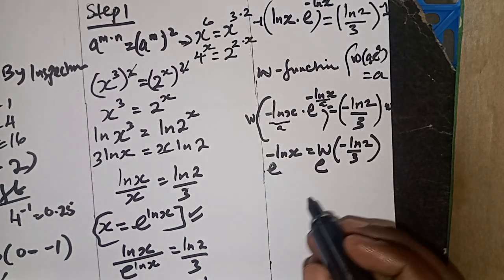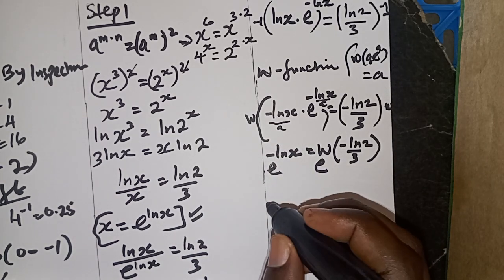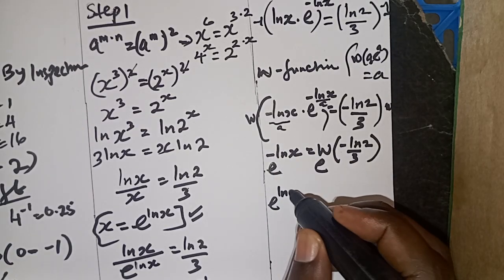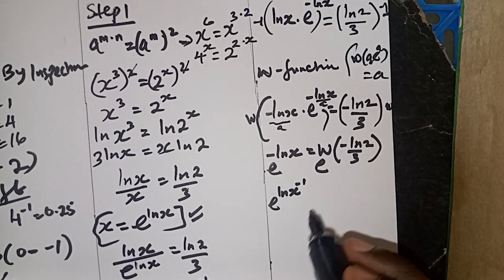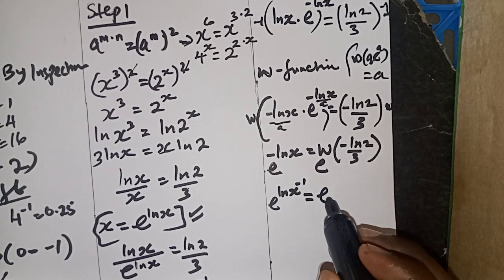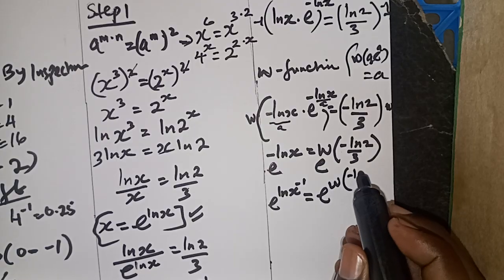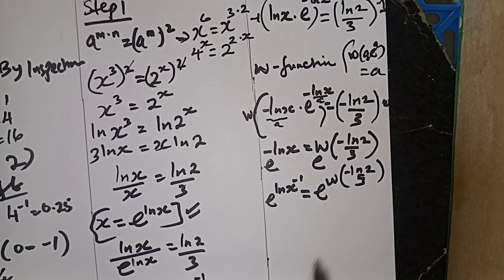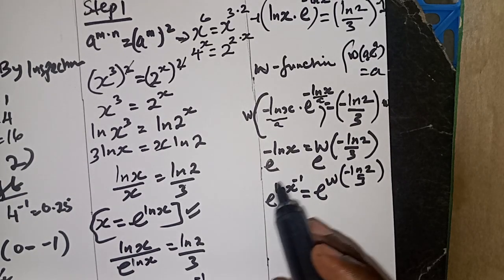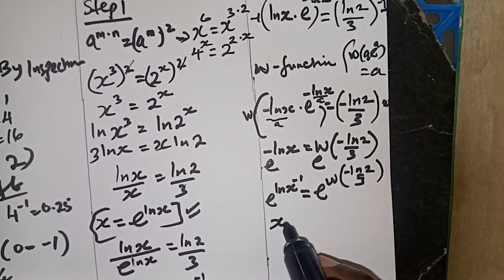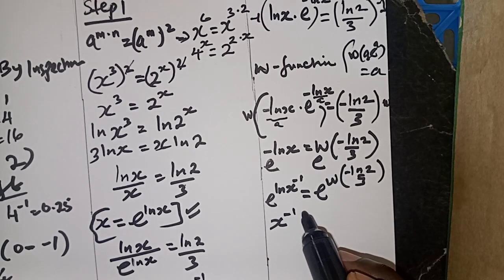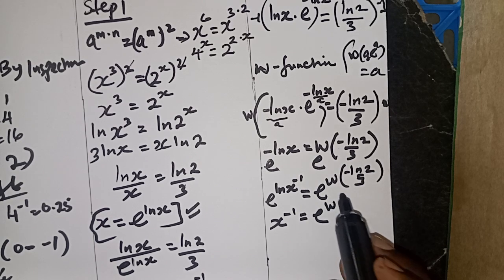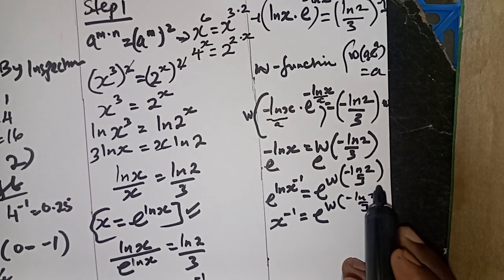So taking this to the other side, I have ln of x raised to power negative 1 equals the exponent of the W of negative ln of 2 divided by 3. So on this side I end up with x raised to negative 1 equals the exponent of the W of negative ln of 2 divided by 3.